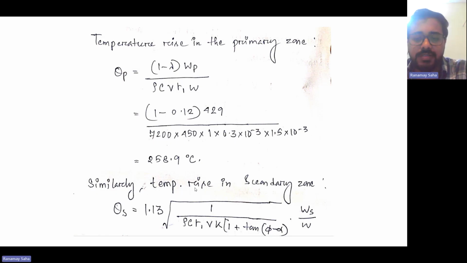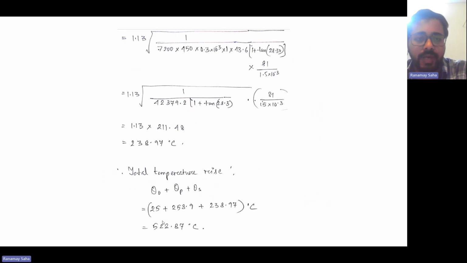Similarly, the temperature rise in the secondary deformation zone can be found. This is the net heat generated in the secondary deformation zone. W is the width. Rest of the parameters you know. Simply plugging in the values, you can find the temperature rise in the secondary zone as 0.97 degrees centigrade.